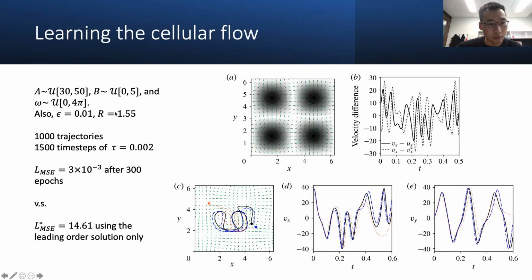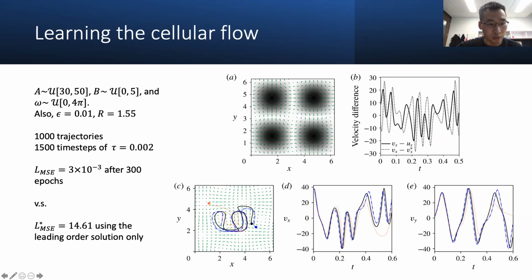So in this model, during the training they start with these coefficients A, B, and omega as uniform distributions, and they randomly assemble those A, B, omega terms in this equation, and then train their data.